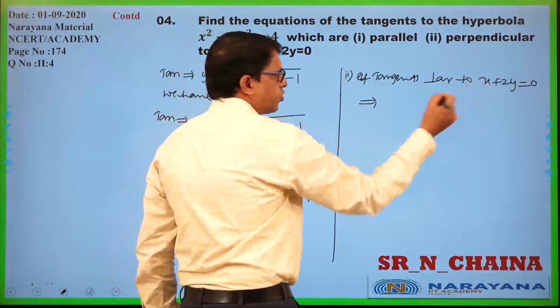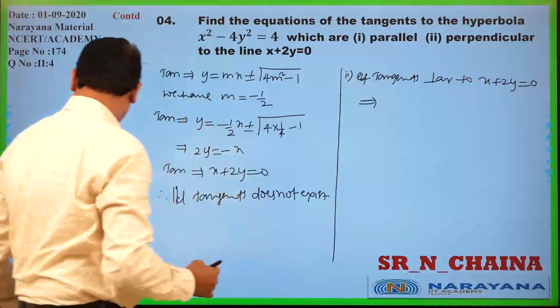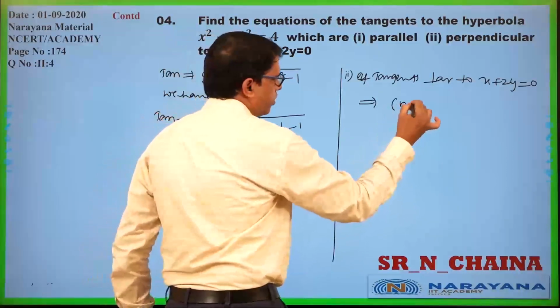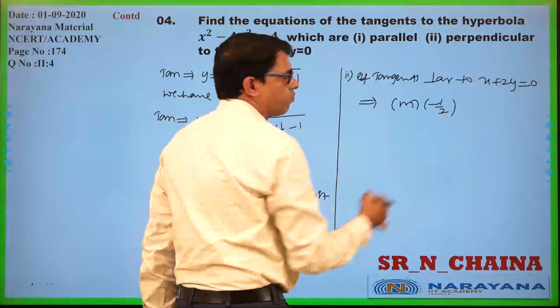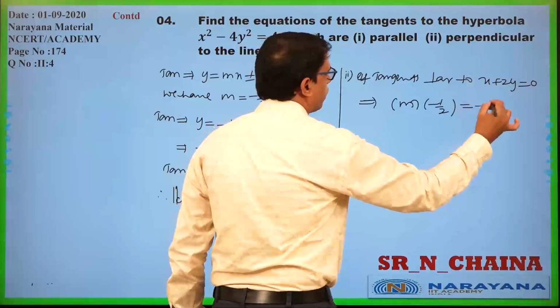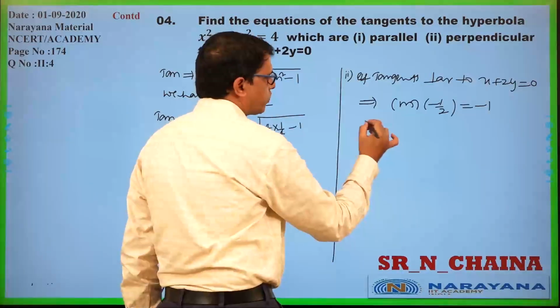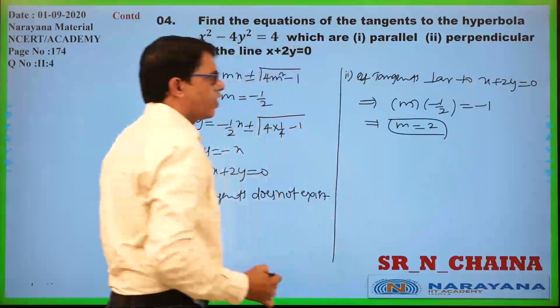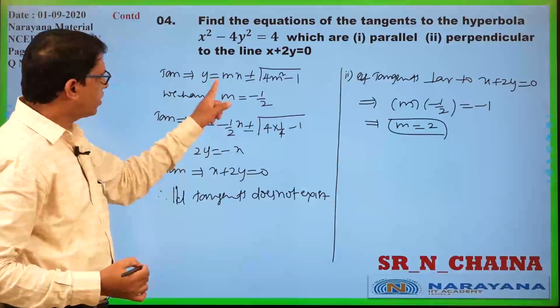So m into minus 1 by 2 equals minus 1, and from this the m value will be 2. Replace here.